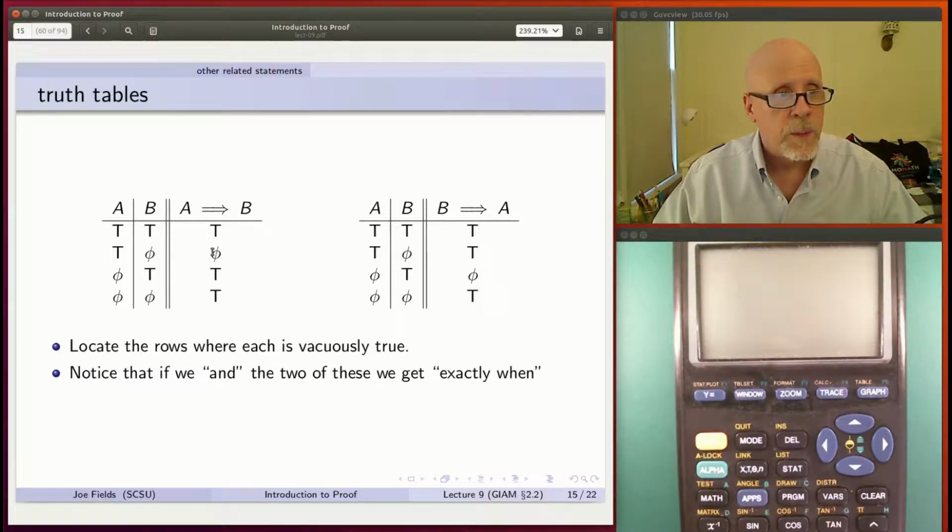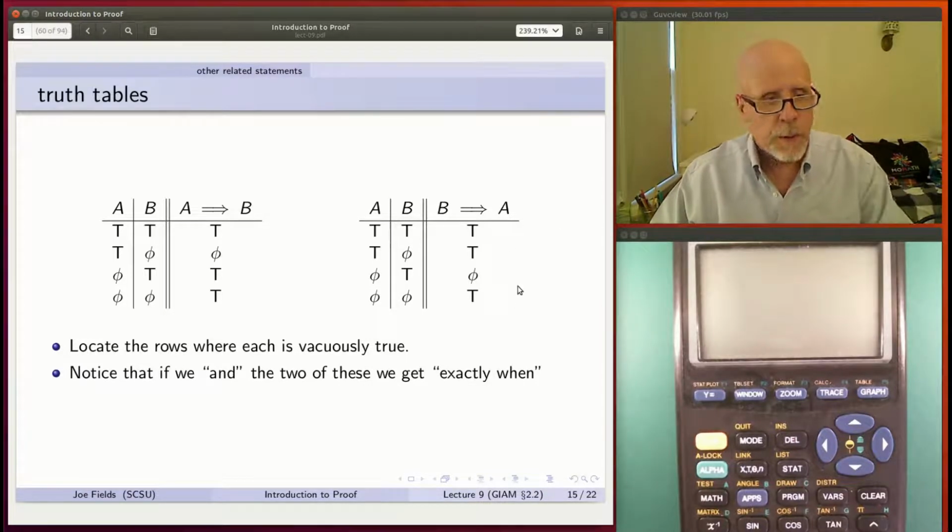The original conditional is false in row 2, and the converse is false in row 3. That means if you AND those, the middle two rows are always going to have both a T and an F around the AND, so you're going to get false there. So the AND of these two goes true, false, false, true. And that's the biconditional. That's what it means.